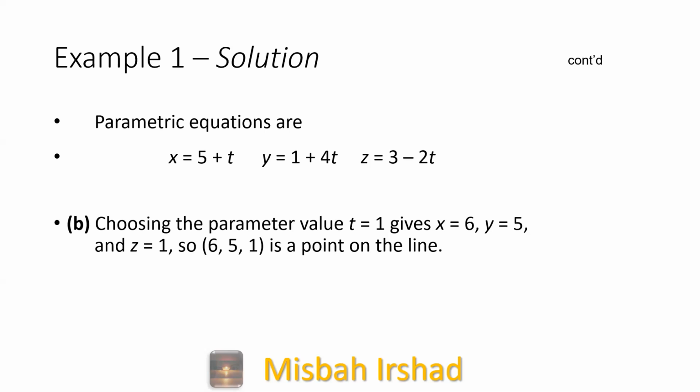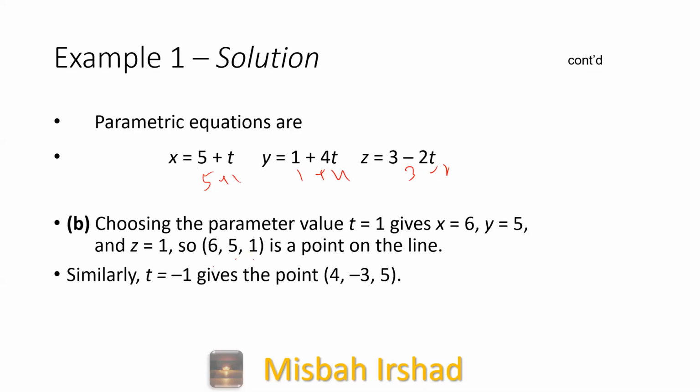So for different values of t, we have points on the line. For t equal to 1, we have x equal to 5 plus 1, y equal to 1 plus 4, and z equal to 3 minus 2. So the point on the line becomes 6, 5, 1.